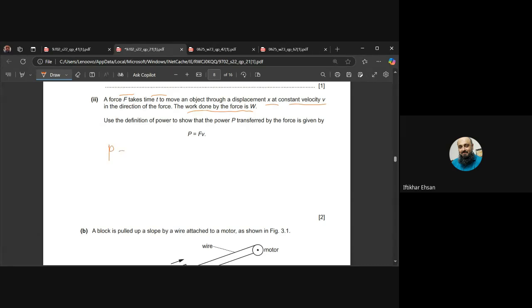Beta, power is work divided by time. And as we know, work is force multiplied by distance covered. So power is force times distance over time. We just rearrange, and distance over time, isn't it the velocity or speed? So this is how. Right, beta ji? Clear?